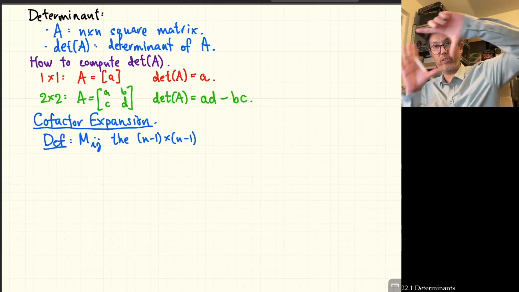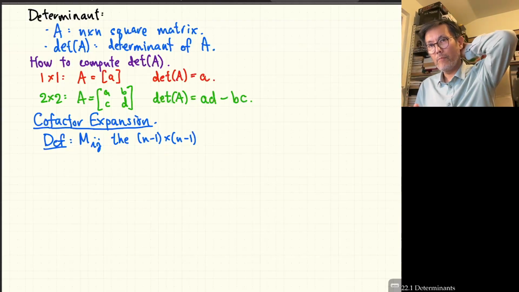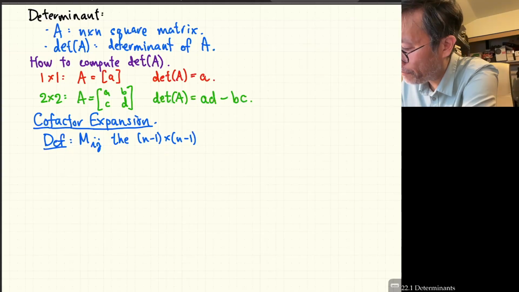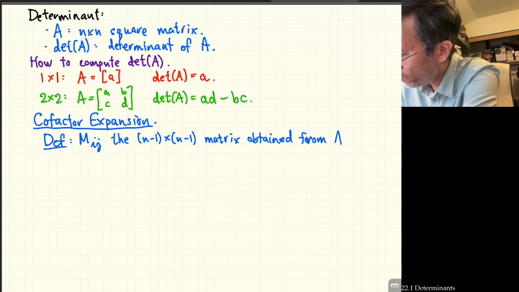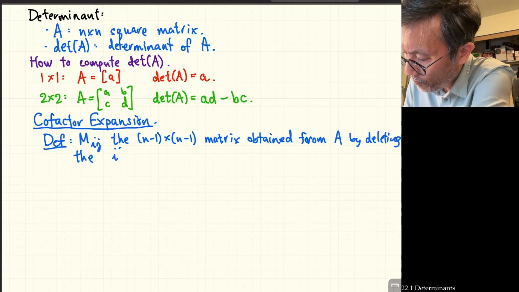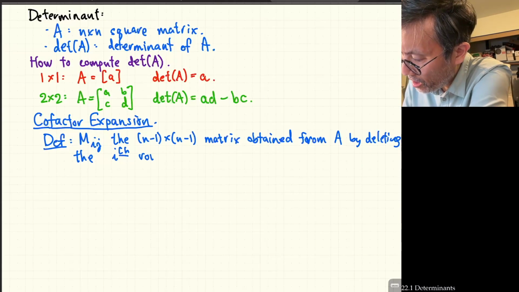It's going to be a square matrix one notch smaller. The n minus 1 by n minus 1 matrix obtained from A by deleting the ith row and jth column.